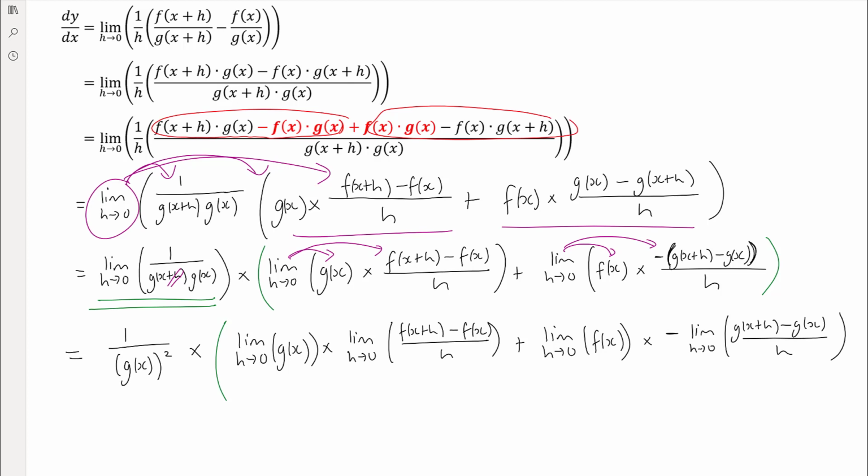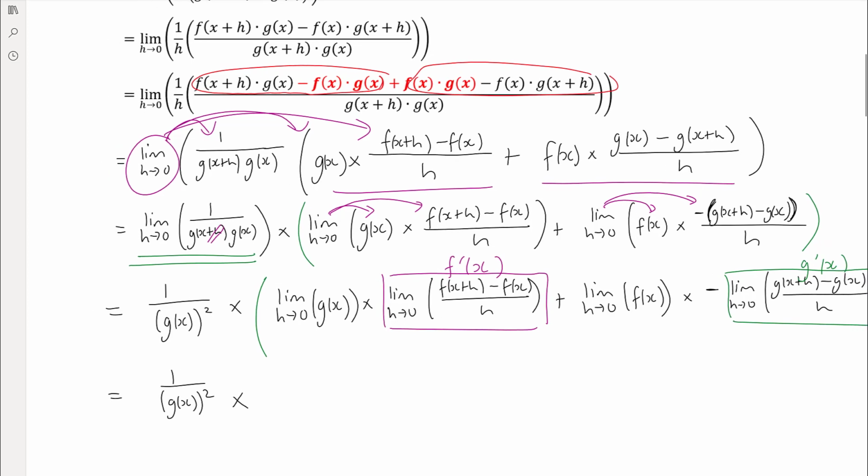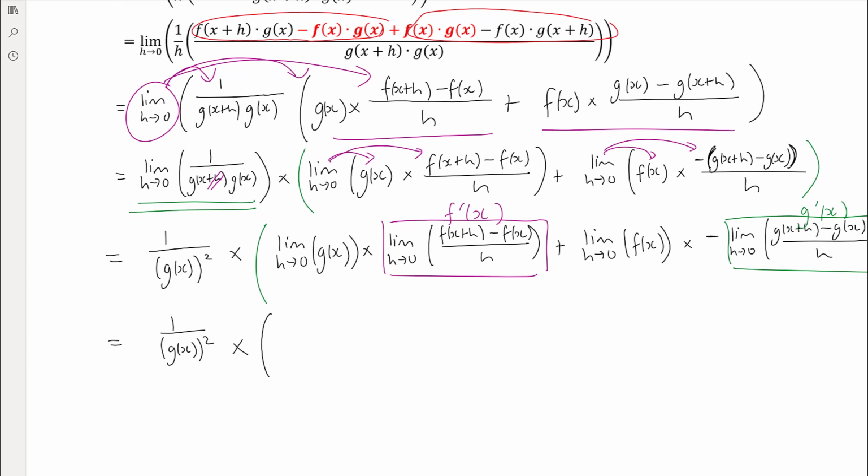Okay, so once again, that there is the derivative of f, and that there is the derivative of g by first principles. So what we have here is 1 over g of x all squared multiplied by, now the limit as h approaches 0 of g of x, there's no h in that, so that's just g of x, multiplied by f dash x.